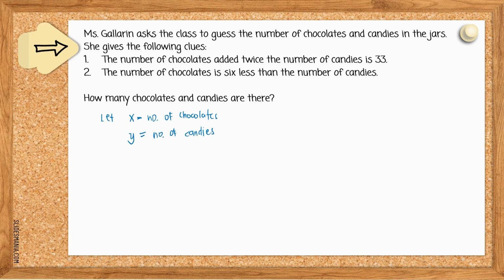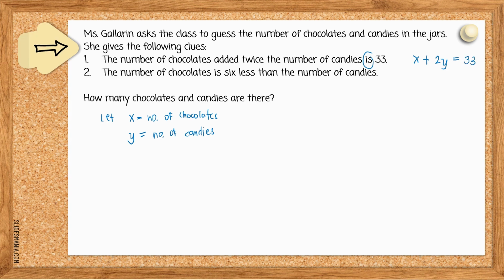So let's use Miss Galarin's clues. The number of chocolates, that is x, added to twice the number of candies. Twice the number of candies, that is 2y, is, please take note, the equal sign, 33. So here's the first clue.